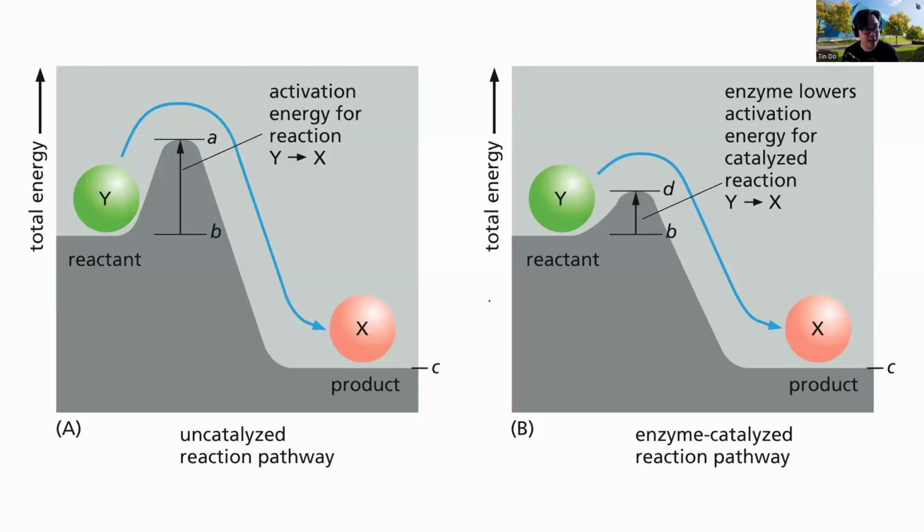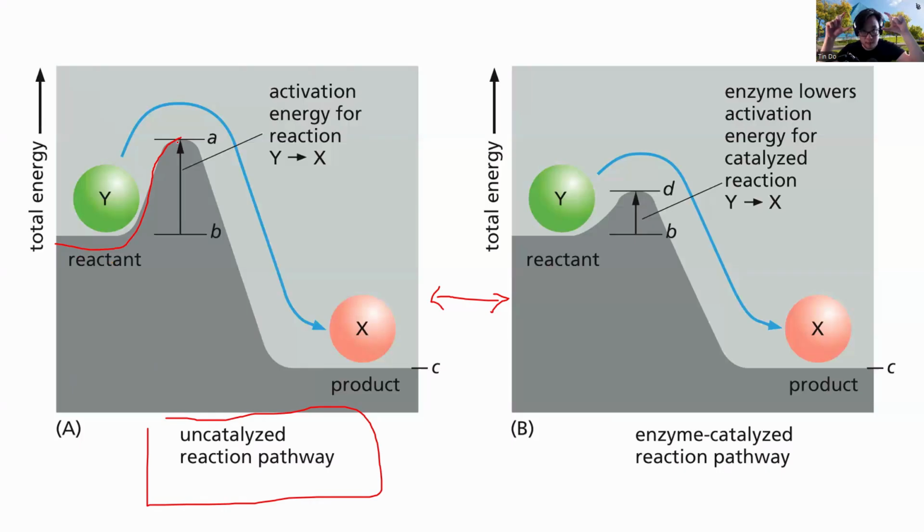But here's the key. Both of these processes still require some input of energy. To run this reaction uncatalyzed, you need this much energy up to A. You've got to go from baseline to over that hump.